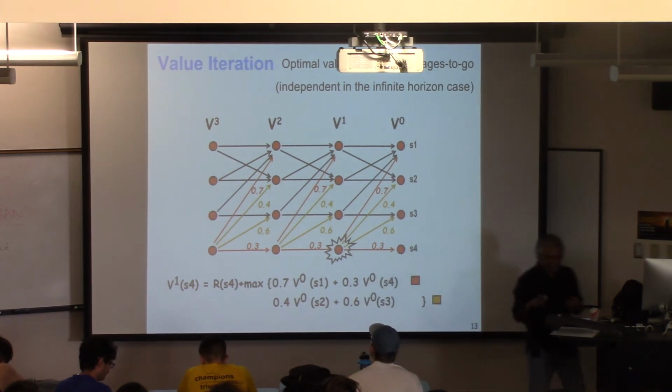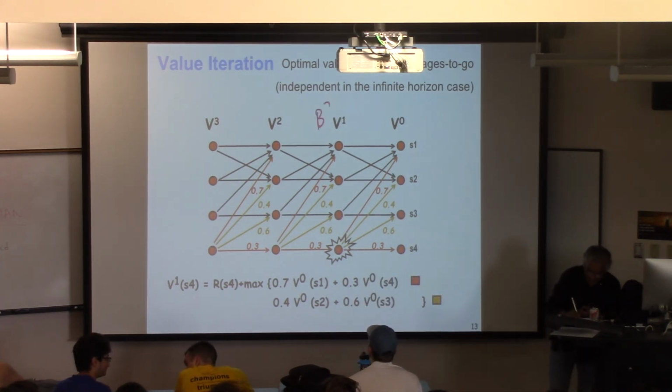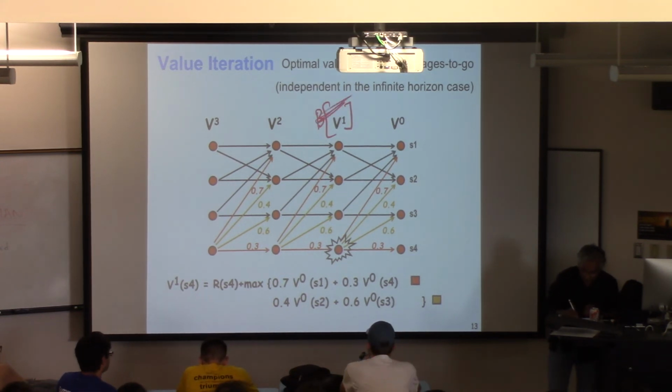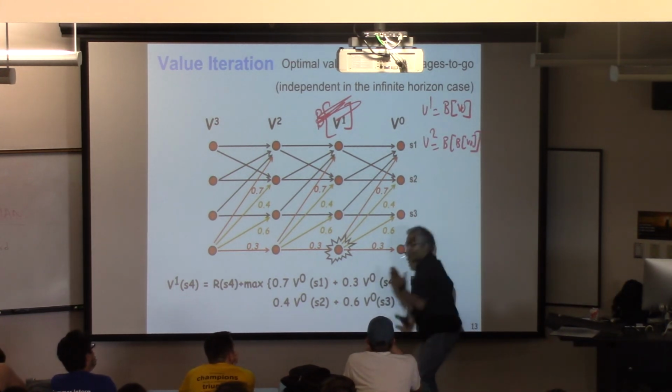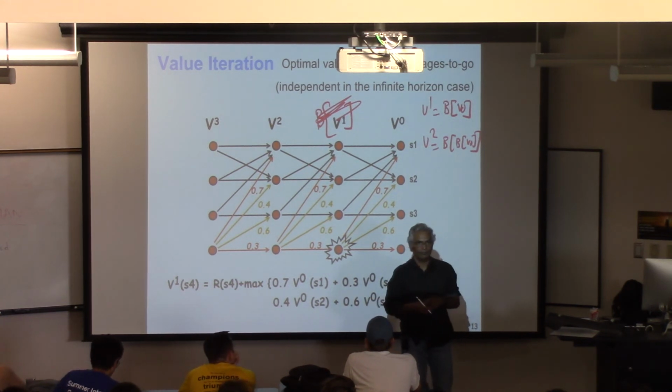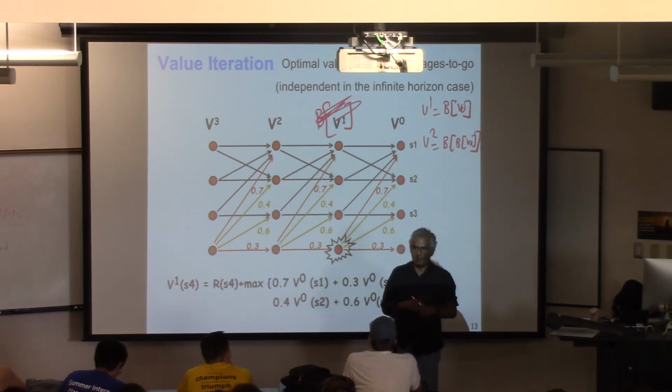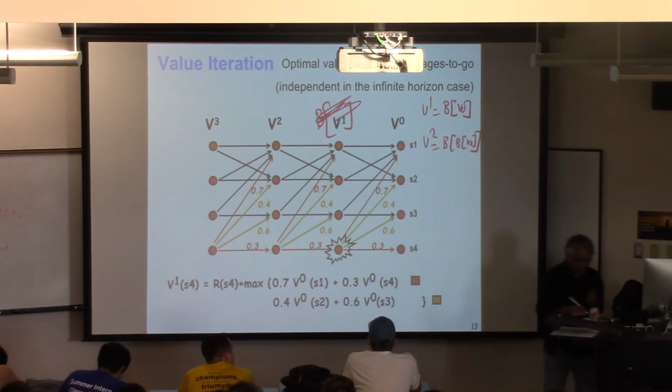So basically you can think of V1 to be B of V0, and similarly V2 to be B of V1, where B is the name for this entire operation. That's called the Bellman update. And the beauty of the Bellman update is that it has this property called the contraction property.